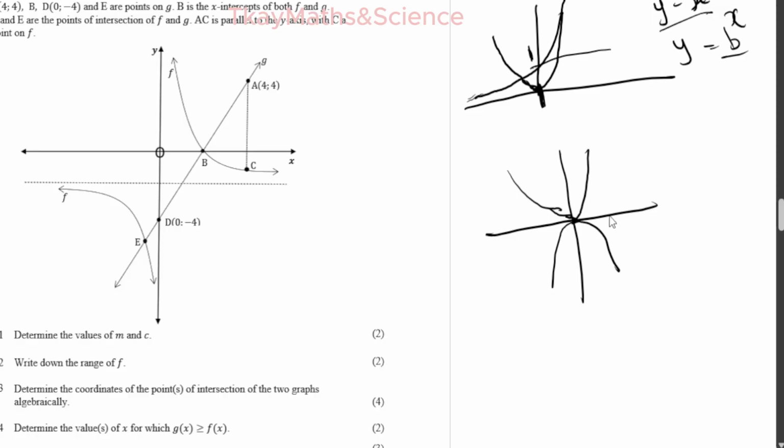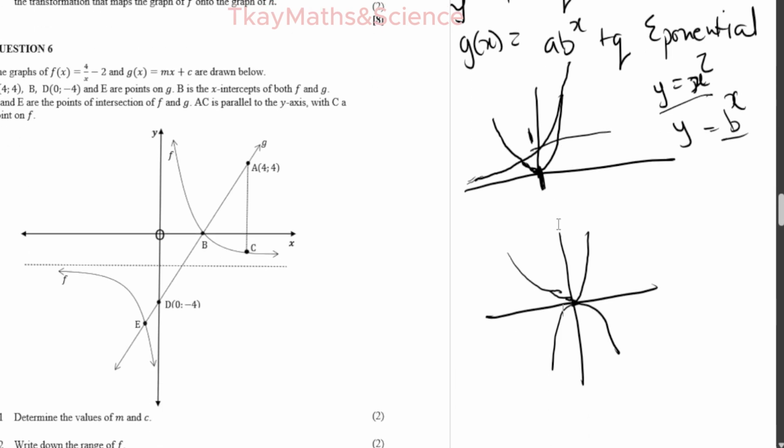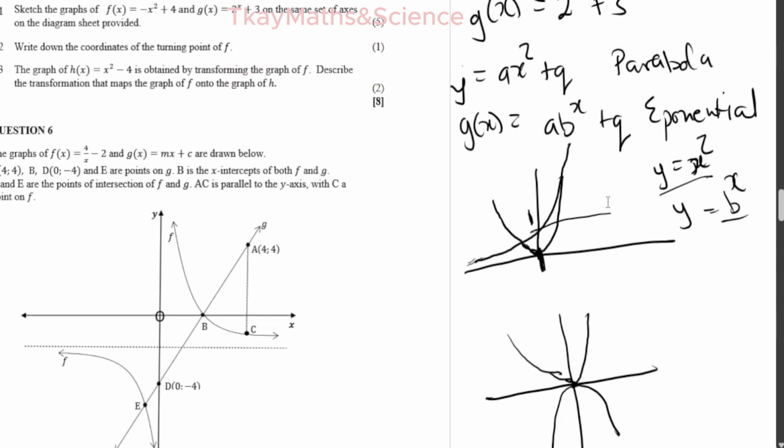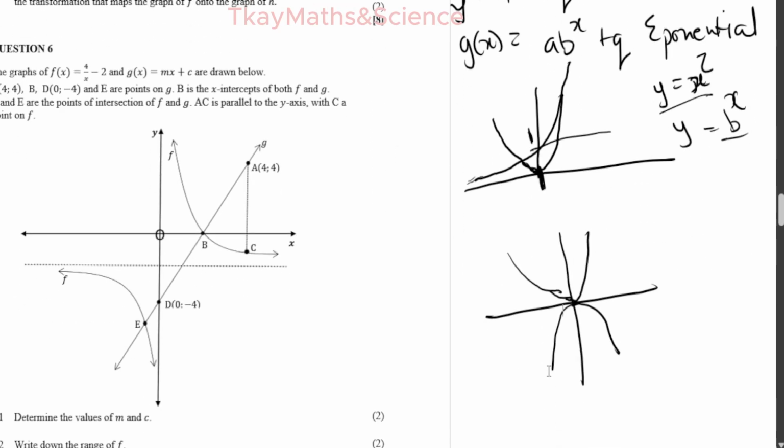Now we're also going to see there's a 4 here, right? Which means this graph is going to be translated 4 units up because it's positive, right? So it's going to result in all the values of y being added by 4. So it's going to start from here but go 1, 2, 3, 4 units up, right?